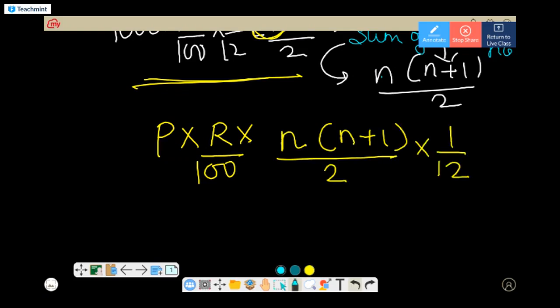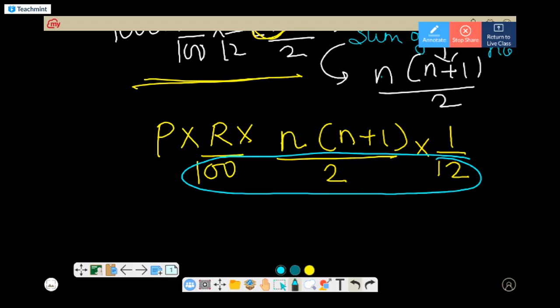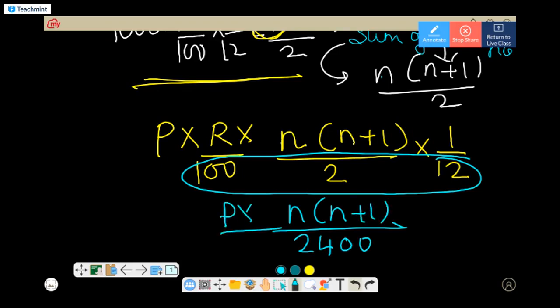Instead of splitting it and writing it all in multiplication, you can just take this whole set together. That is also fine. If you want, you can write this as 2400. That is also acceptable in the formula. And you can write this as n plus 1 into P into R. This is also the simplest form.